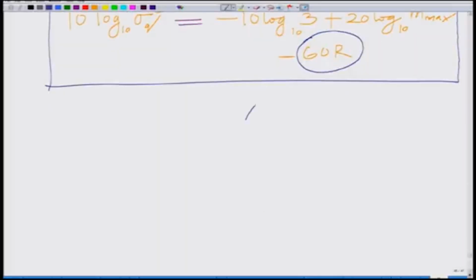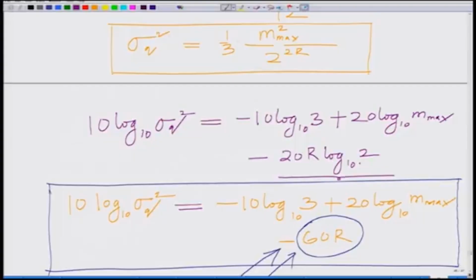So, let us look at the quantization noise variance, that is sigma q square is 1 over 3 m max square divided by 2 to the power of 2 r.